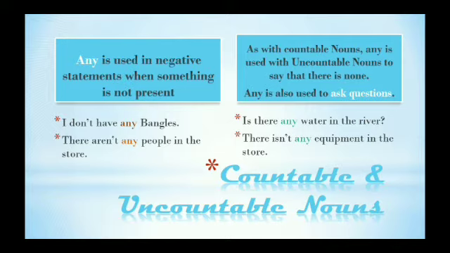Here, in order to show that there is no equipment in the store, we have used any. And in the first sentence, water is an uncountable noun. We cannot count one water, two water. So it is an uncountable noun. In the second example also, equipment is an uncountable noun. We cannot say one equipment, two equipments. It's wrong.